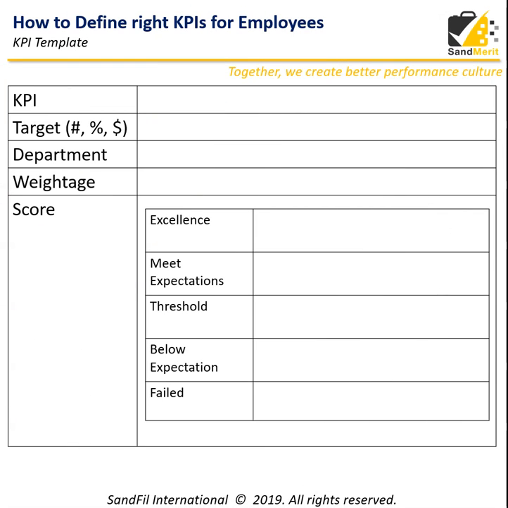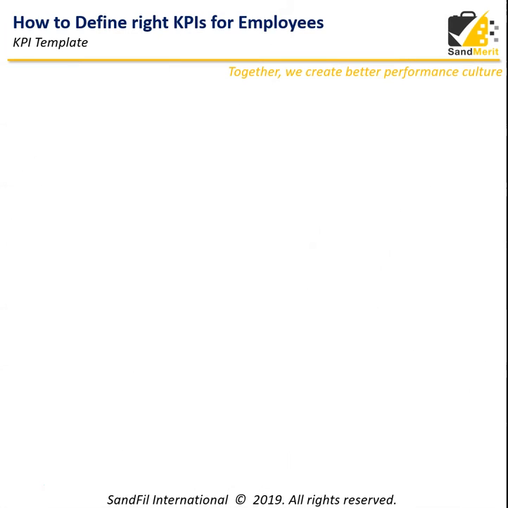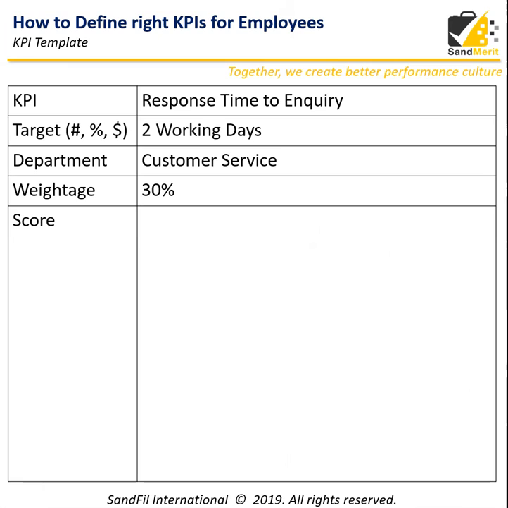This is the template for KPI when you are writing a new KPI. You need to have a KPI title. Over here, the KPI is response time to inquiry. Then your target: every KPI has to be measurable, so it can be measured by number, by percentage, or by dollar.